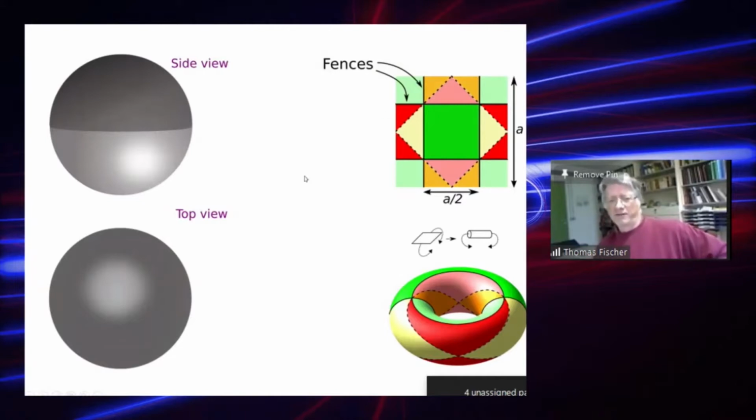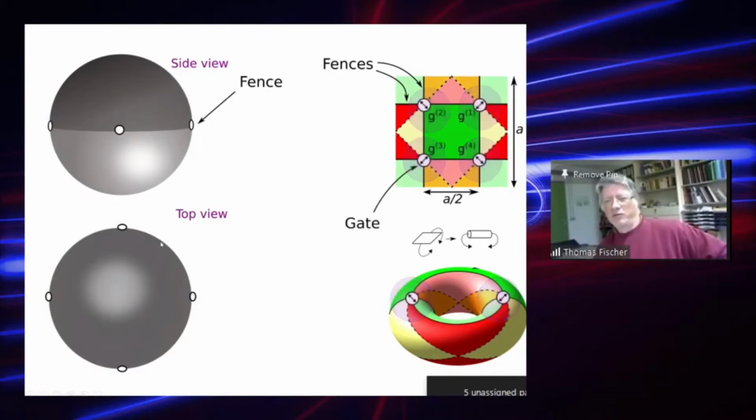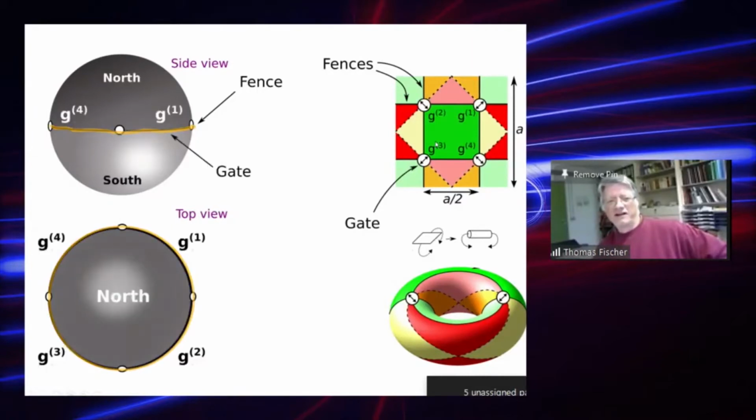If we translate that into the control space, we will see that these fences, which are lines in action space, are not lines in control space, but points. Between those points in action space, we have the gates. That's basically two allowed regions that are connected here. These gates are lines: while they are points in action space, they are lines in control space.